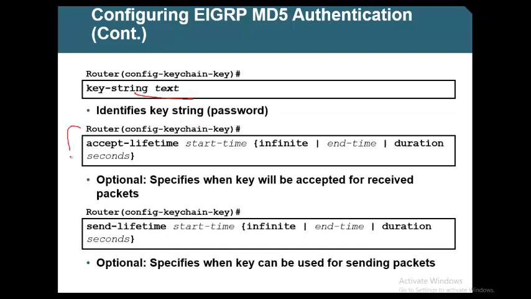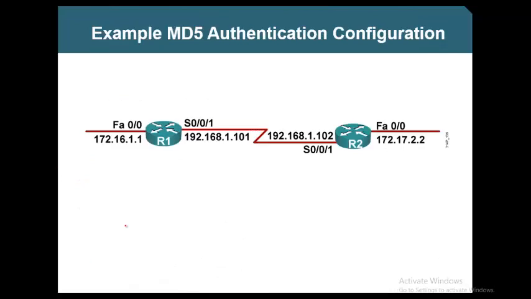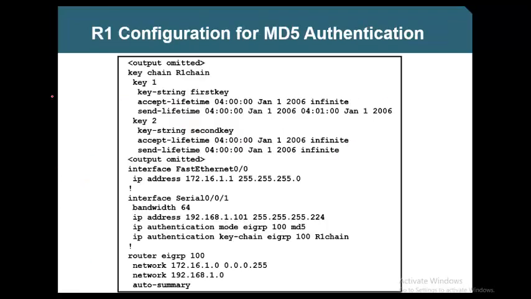There are two other steps which are optional. We'll talk about that. Let me repeat again. Say, for example, between these two routers, we want to enable authentication. You need to create a keychain first. You can have many keys inside a keychain. That's why you need a keychain.